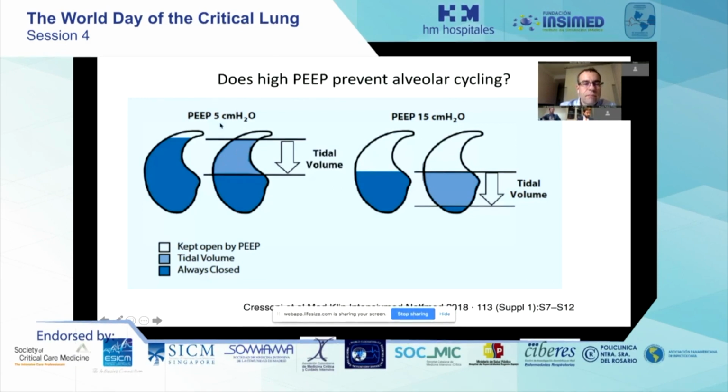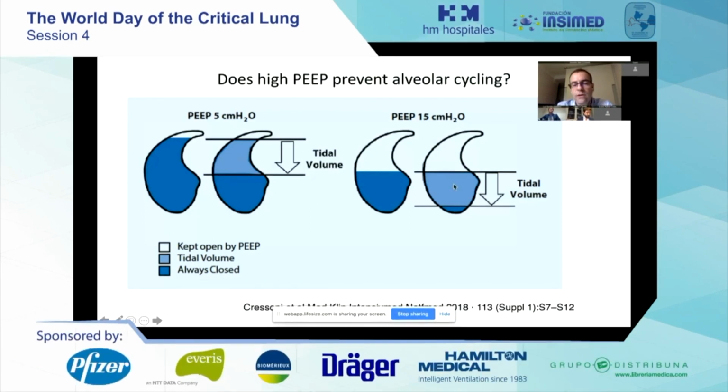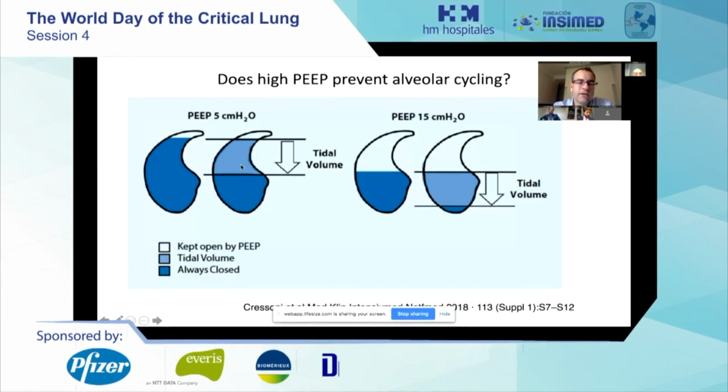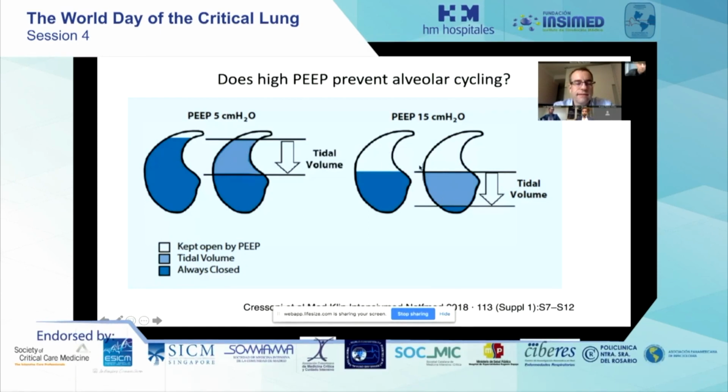When we increase the PEEP from, say, 5 centimeters of water to 15 centimeters of water, values that we ordinarily use in clinical practice, we don't really remove cyclic opening and closing, but instead we just change the zone of the lung where this phenomenon is occurring to a more dependent zone, and possibly add overdistension to the anterior areas.